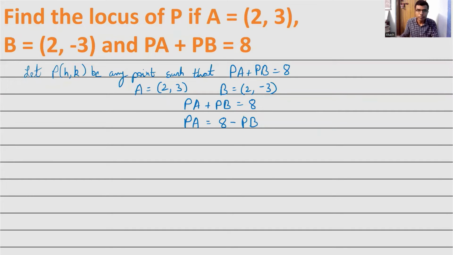Okay. Fine. So now I'm going to square on both sides. PA square is equal to (8 minus PB) whole square.